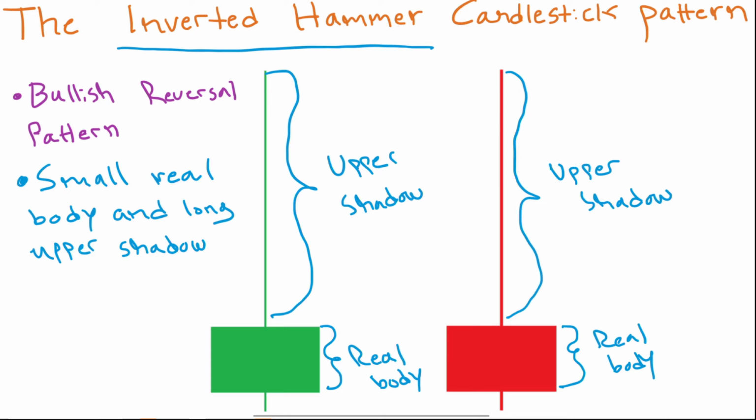And as you can see in this illustrative example, we also have a small lower shadow, right? That is another criterion for the inverted hammer: the lower shadow should either be very small or not there. So we can say small or none. The lower shadow should be small or none, the real body should be small, and the upper shadow should be long.